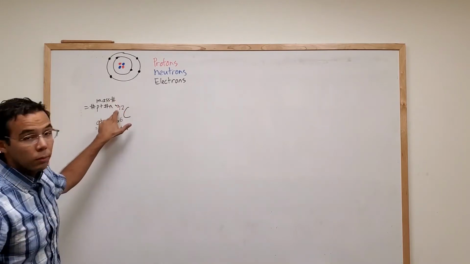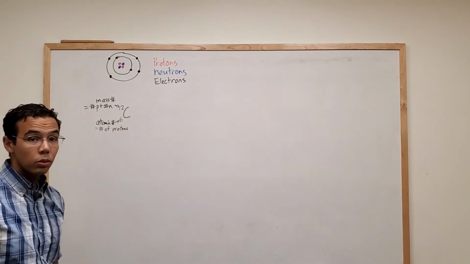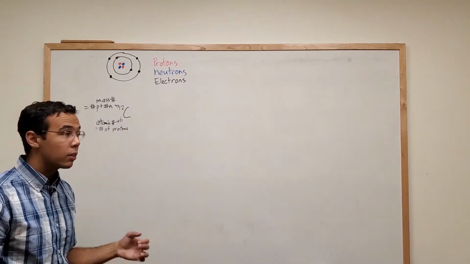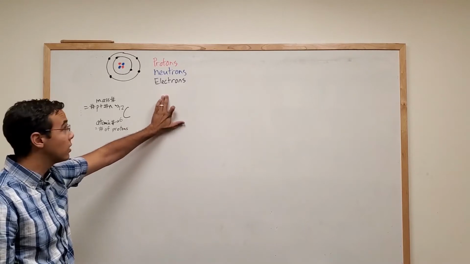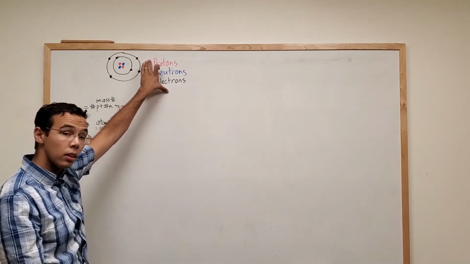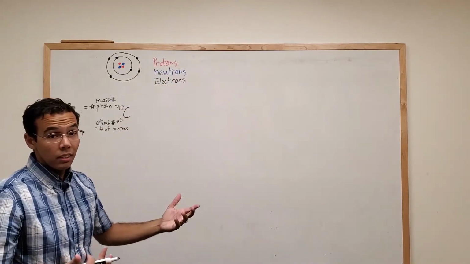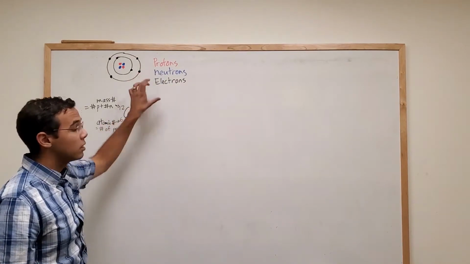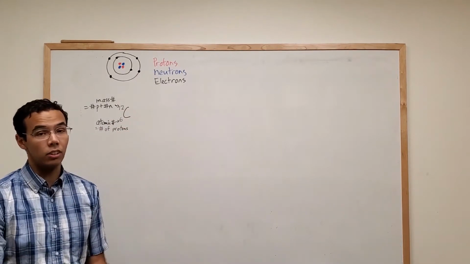What does this mass number tell us? You'll notice that the mass number is only equal to the protons plus the neutrons. The reason is that the electrons weigh basically nothing, even though there's the same number of electrons as protons in a neutral atom. The mass of a proton is similar to the mass of a neutron, but both are much, much larger than the mass of an electron.